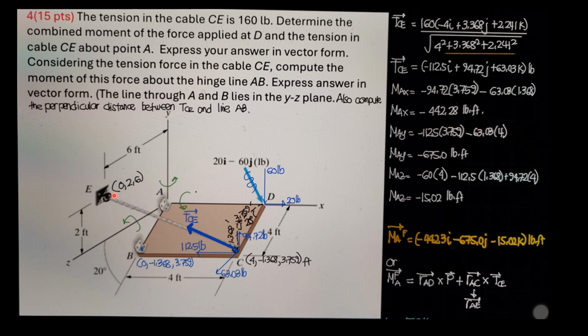Now, when you want to practice, then replace RAC by RAE if you want, and make sure that the answer is the same.